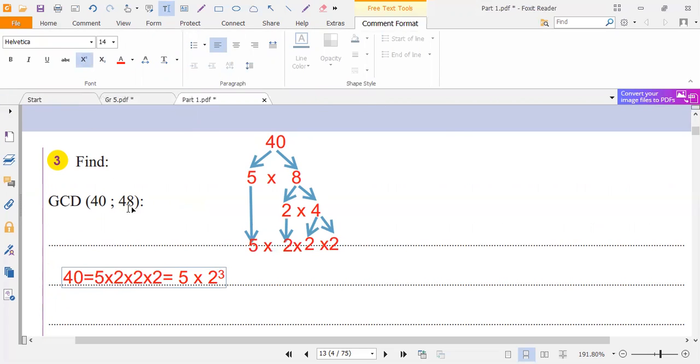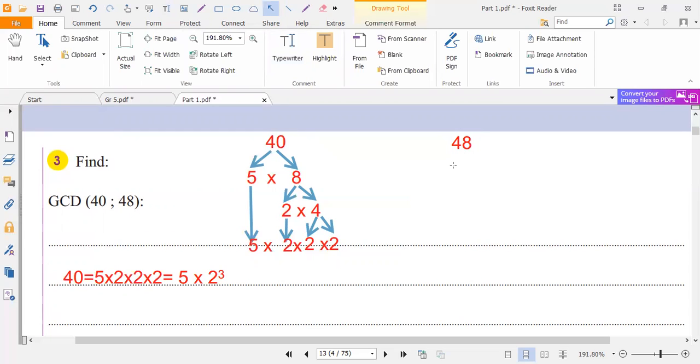Now we have to decompose 48. Think, 48 can be written as 6 times 8, for example. Let's write it 6 times 8.